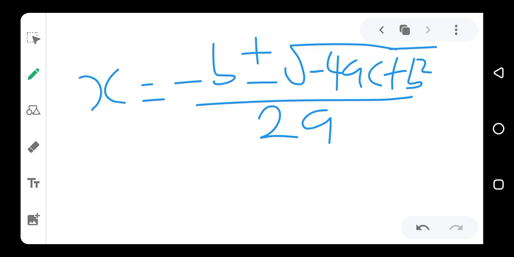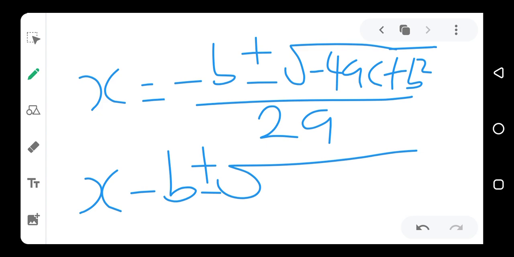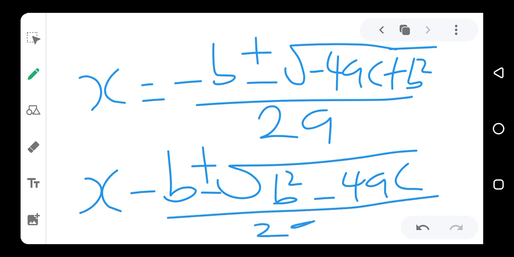Now with this, we just rearrange the values inside the root so that the positive value comes first, followed by the negative value. Now we have x is equal to minus b plus or minus root of b squared, because it has a plus sign, then minus 4ac, now everything over 2a.